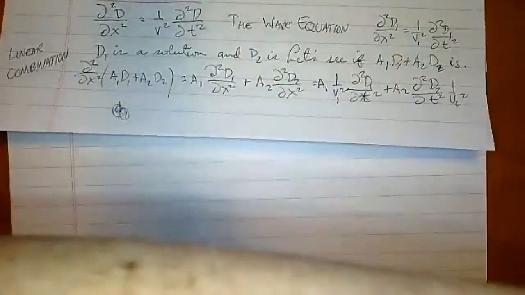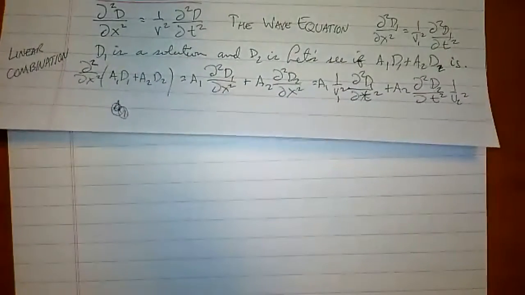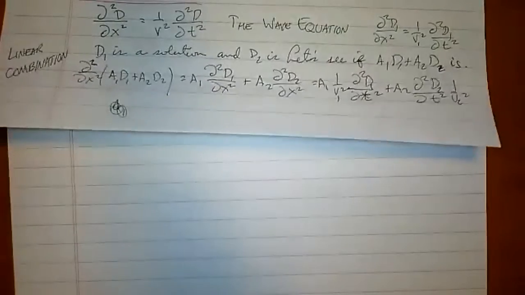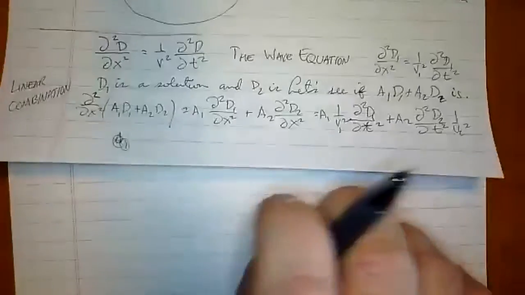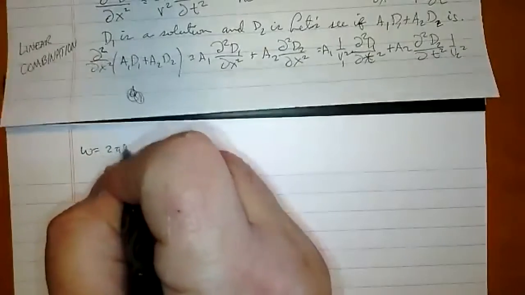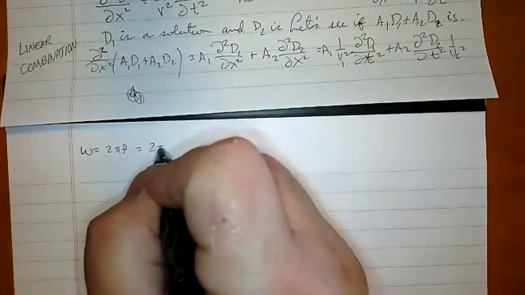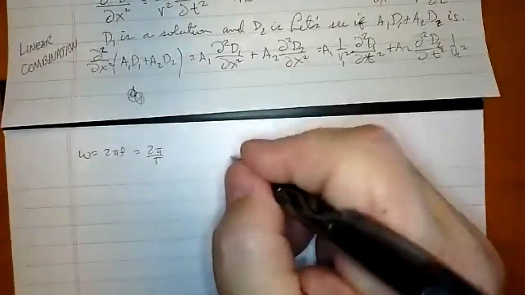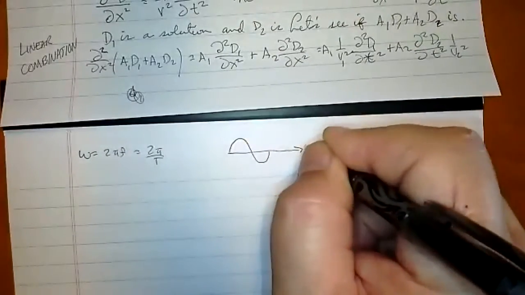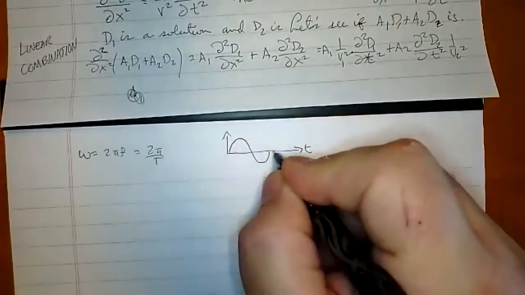You could use cosine, you could use sine, you could actually use the sum of sines and cosines, all sorts of cool stuff. But what I'm going to do is, just like we had omega equals 2 pi f, that's equal to 2 pi over the period. So the period is sort of the length of the wave in time, right?